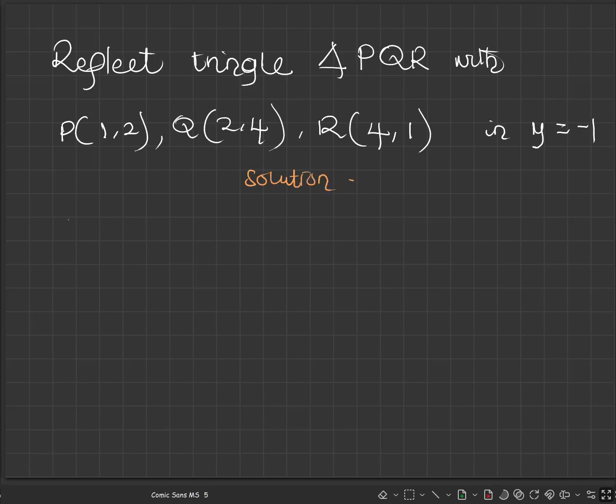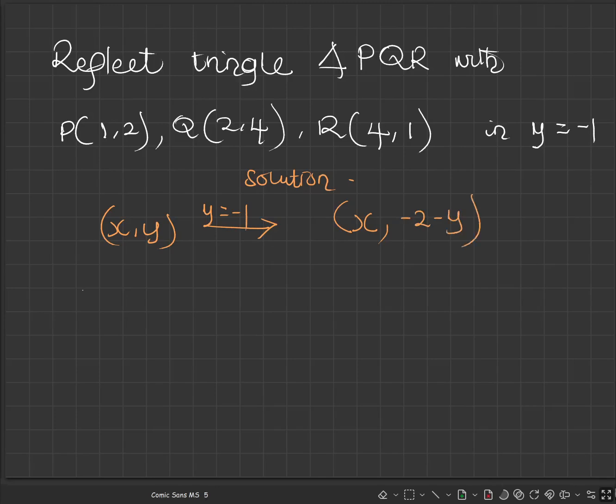We know that if we have (x, y) as any coordinate at all, and we want to reflect it in the line y equals -1, we maintain the x value, and for the y value, we have -2 minus the y.